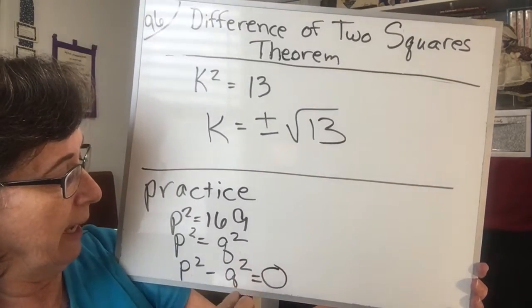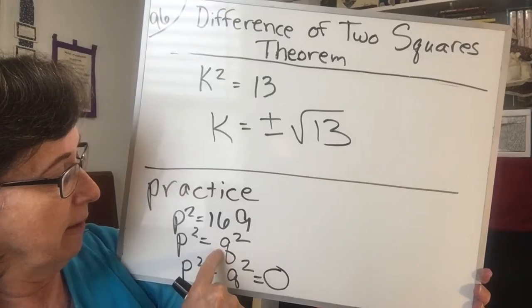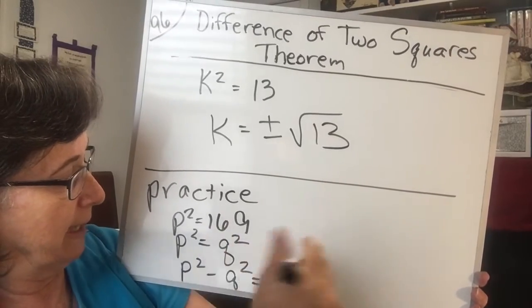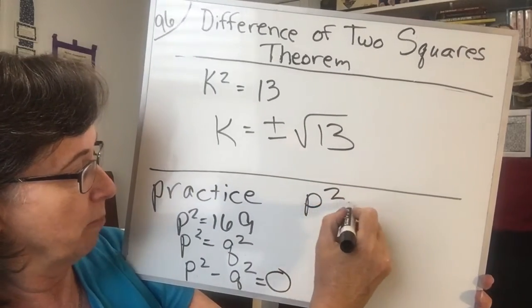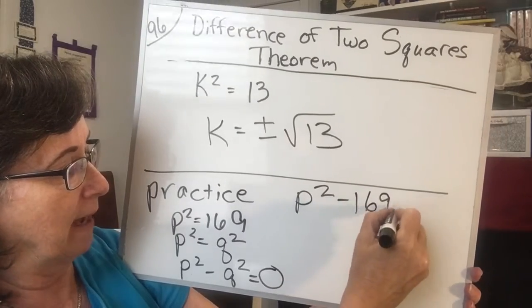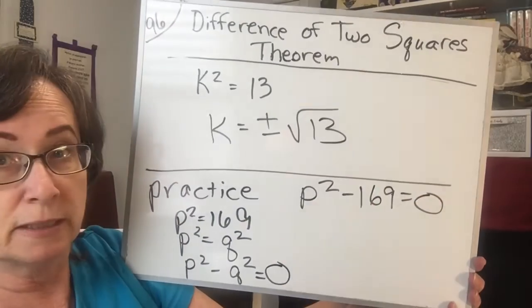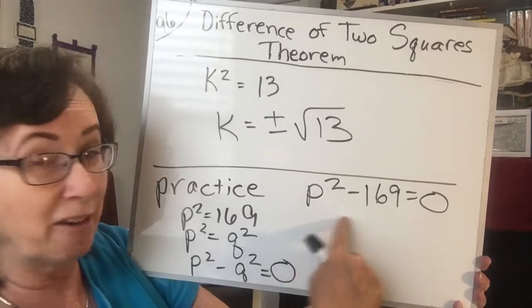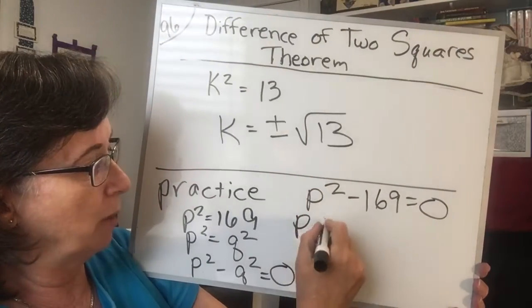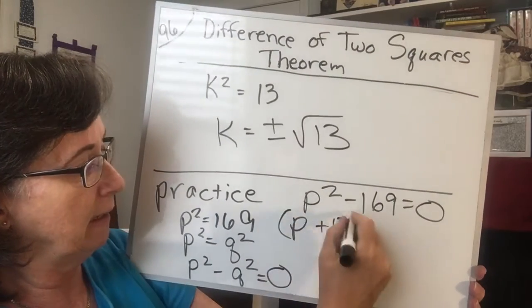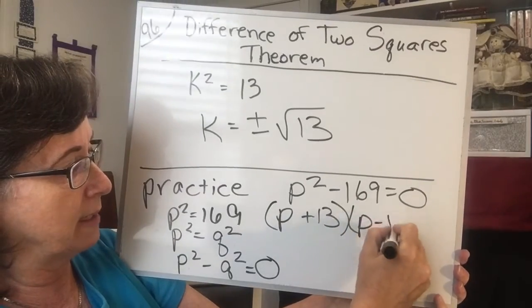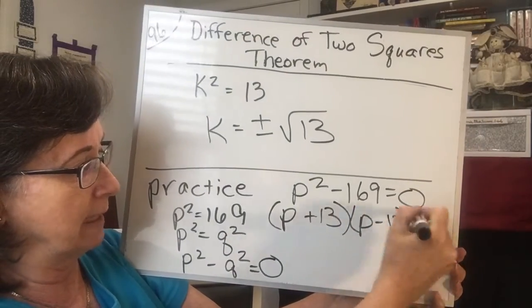Now we're going to go ahead and put the q squared into this. So p squared minus 169 is equal to 0. Okay, now we're going to factor this. P plus 13, p minus 13 is equal to 0.